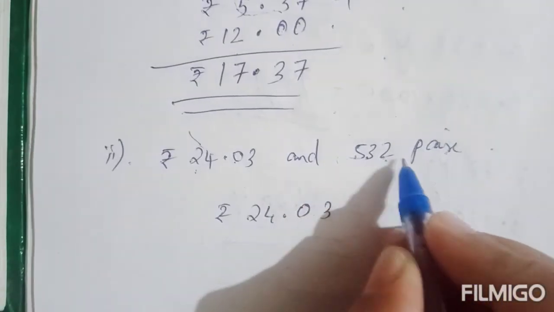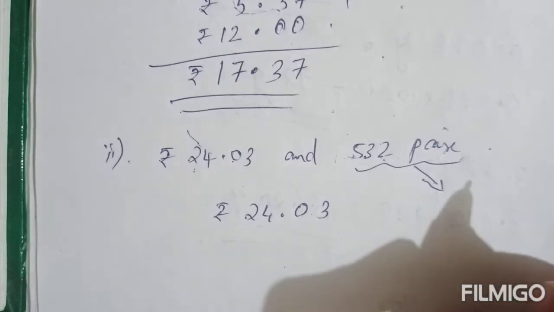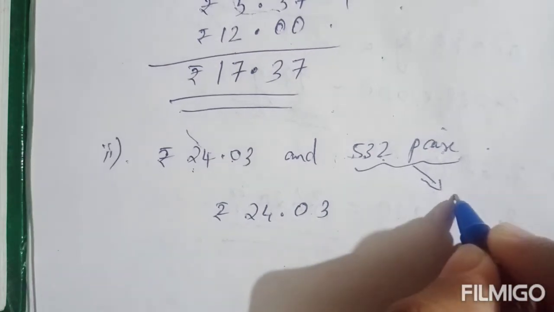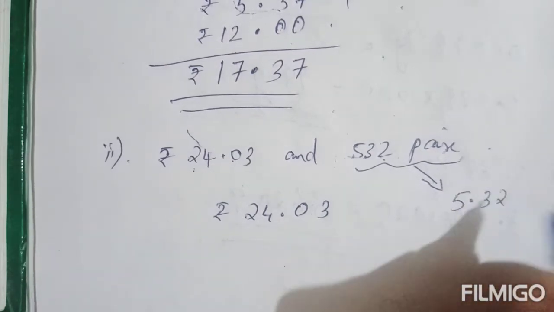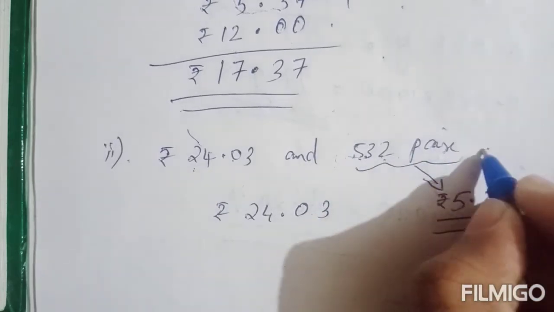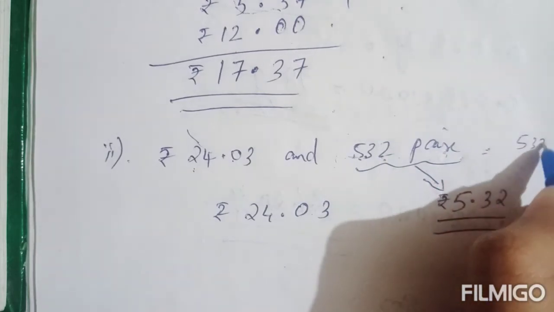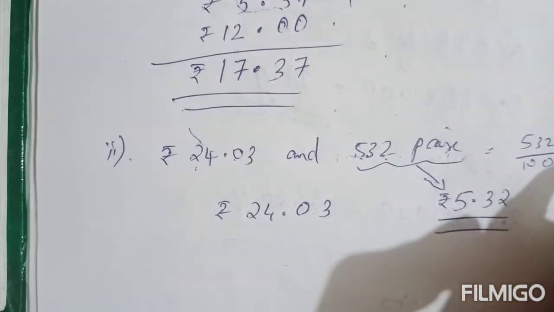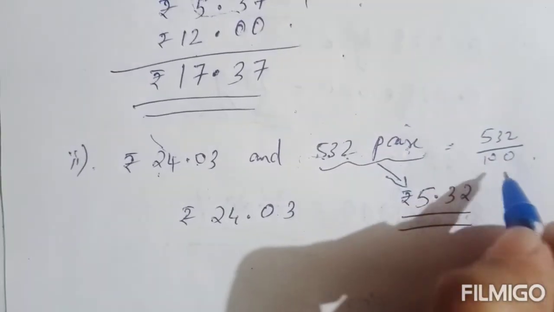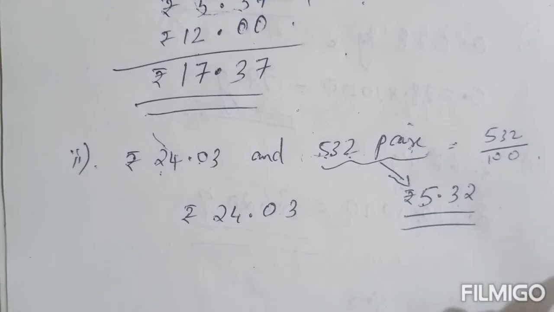Actually 532 paise, on converting this into rupees, it will be 5.32. Okay, 532 paise. In order to convert paise to rupees, it is 532 divided by 100. Paise to rupees, just divide by 100. You will get 5.32 rupees.